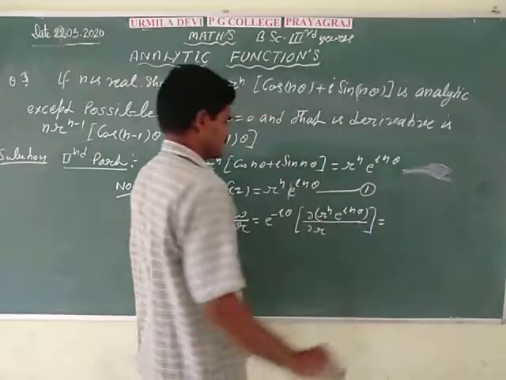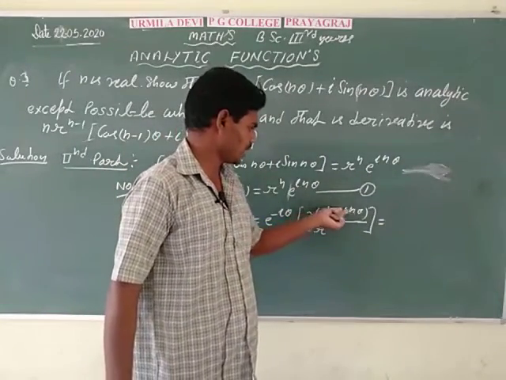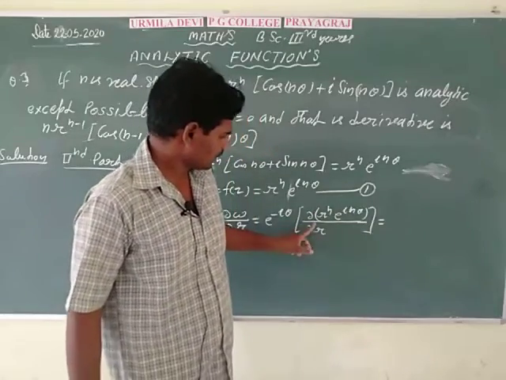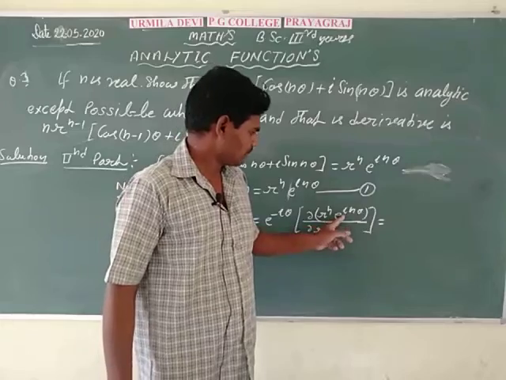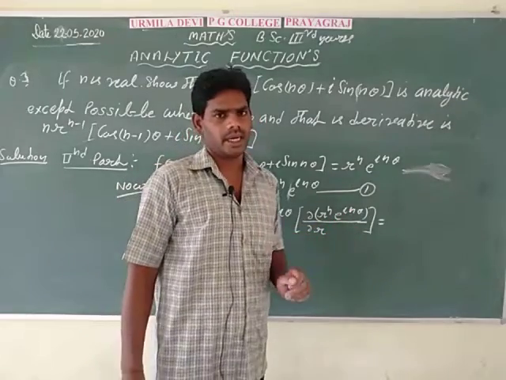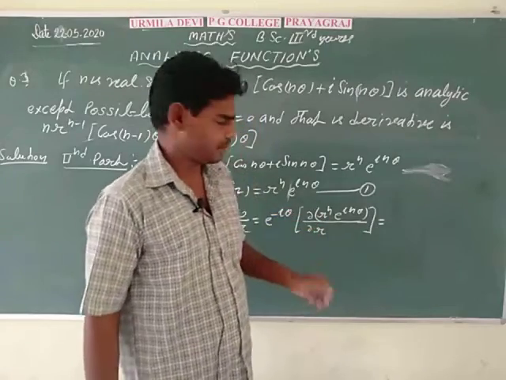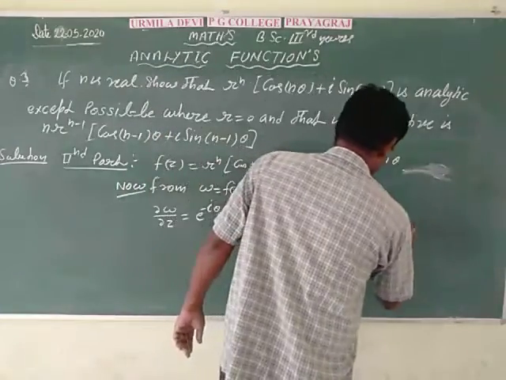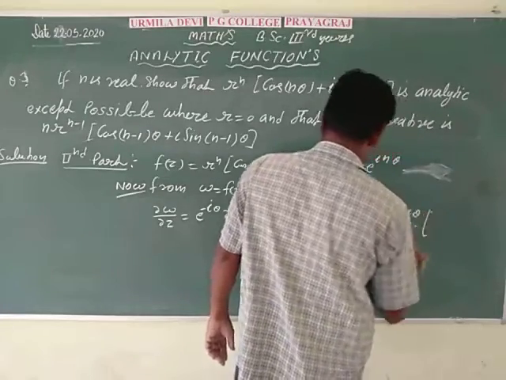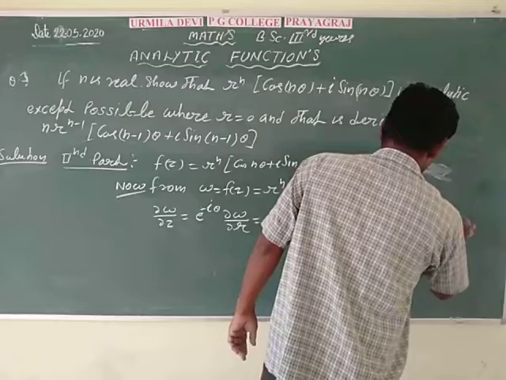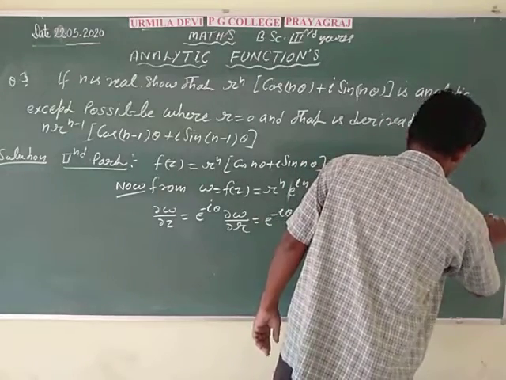Taking the partial differentiation of this function with respect to r, e to the power i n theta is taken as constant and only r to the power n is differentiated. So it is equal to e to the power minus i theta into e to the power i n theta times del by del r of r to the power n.